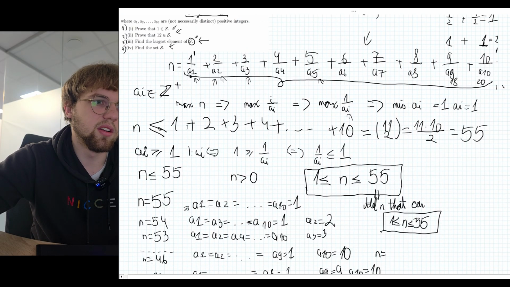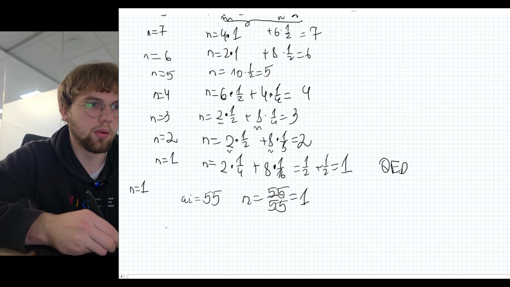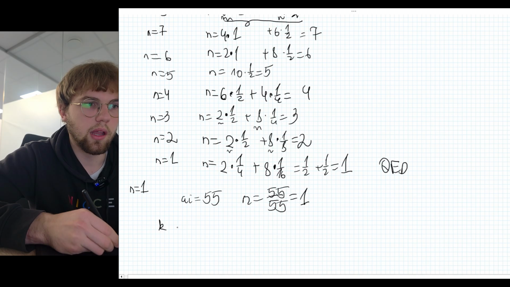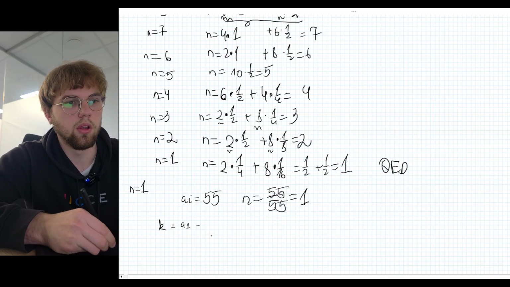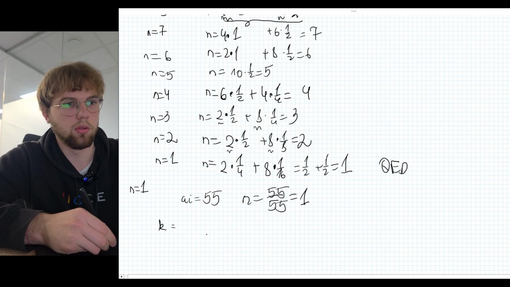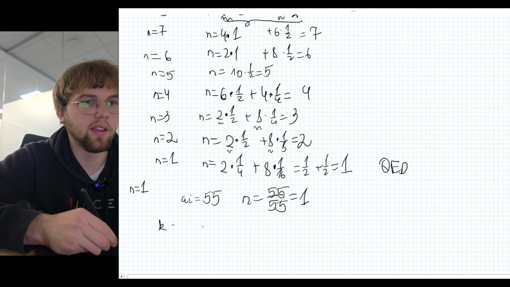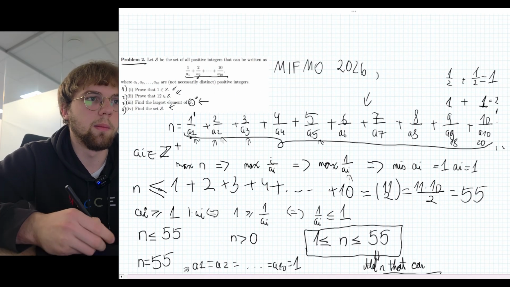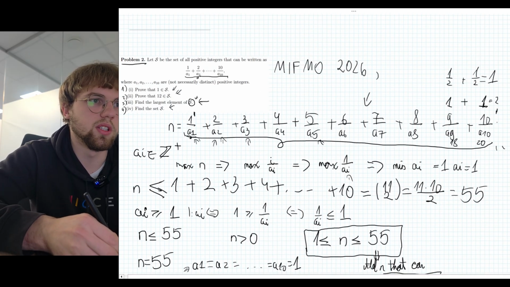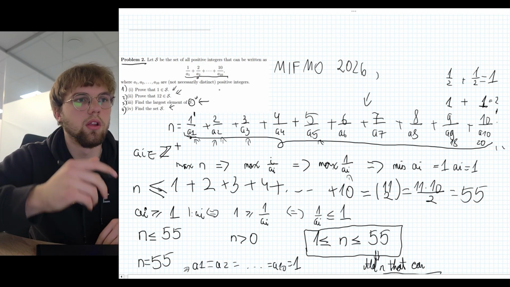So basically the construction is, for the number that you want, for example k, you pick the first numbers that are less than k, basically k minus 1. And then you just pick the remaining numbers to have the same denominator, and then you get a 1.